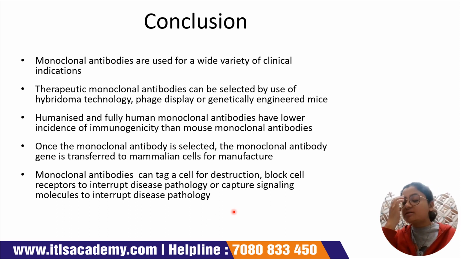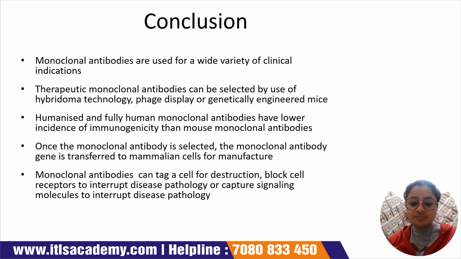For example, if a cell has been infected by a particular virus and I inject that person with the monoclonal antibody, it can directly go and tag that cell and tell the entire body that this cell is infected, so you need to do something with it. Either you kill the cell or you save the surrounding cells from getting infected by it, whatever the body decides.